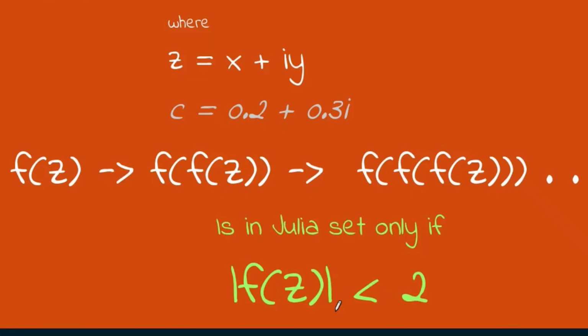Very interesting. So the way we're going to define whether you do or don't belong to the Julia set is whether through this iterative process, every time you output a complex number, we're going to take the modulus of that complex number, and if it's greater than 2, then it is not in the Julia set. But if the modulus is always less than 2 for continued iterations, then we say it is in the Julia set.